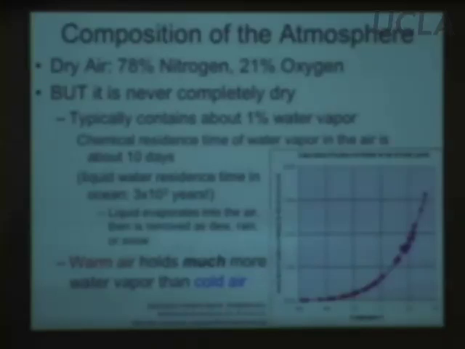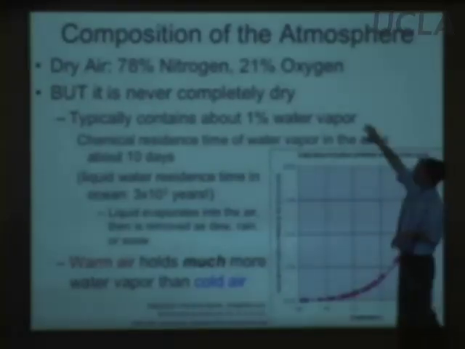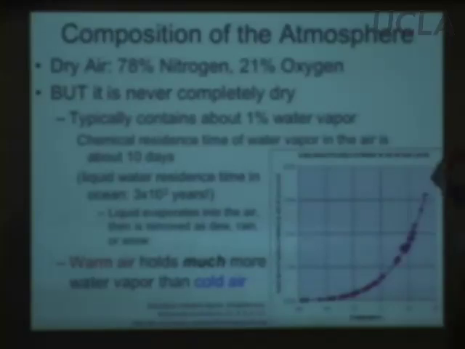The atmosphere is generally not completely dry, although if you go up high enough, it becomes pretty rare to see water. But at ground level, typically about 1% water vapor in the atmosphere. So after nitrogen and oxygen and argon, actually water vapor in LA is the third or fourth most common gas phase molecule in the atmosphere.